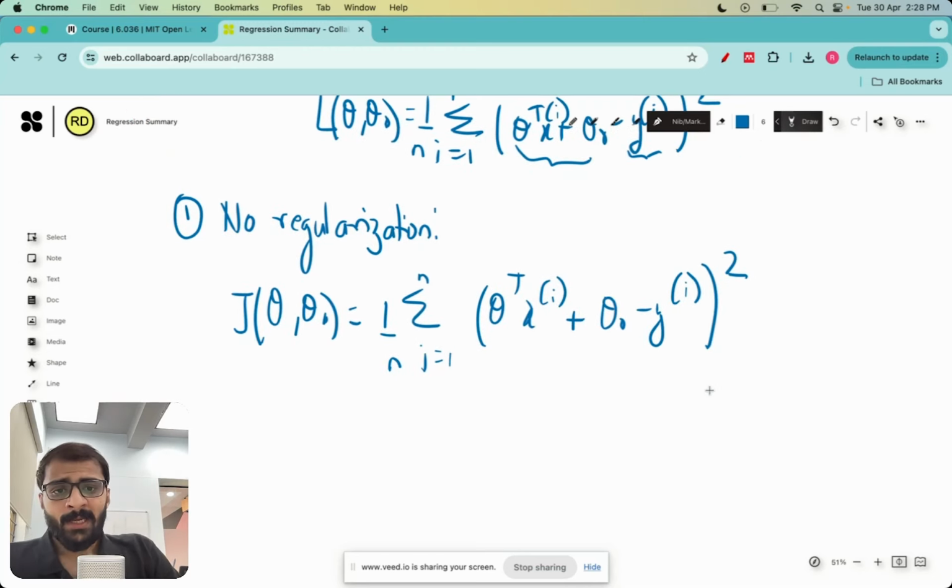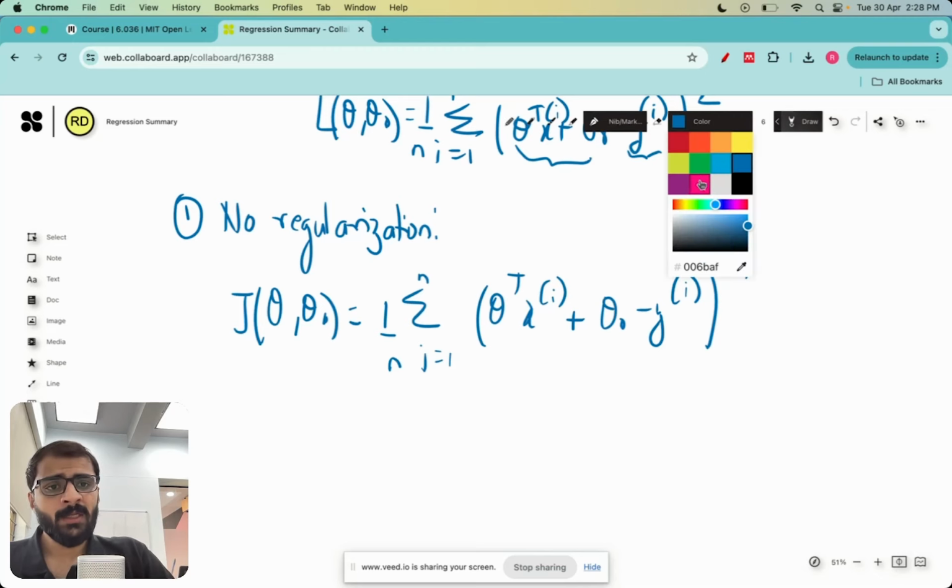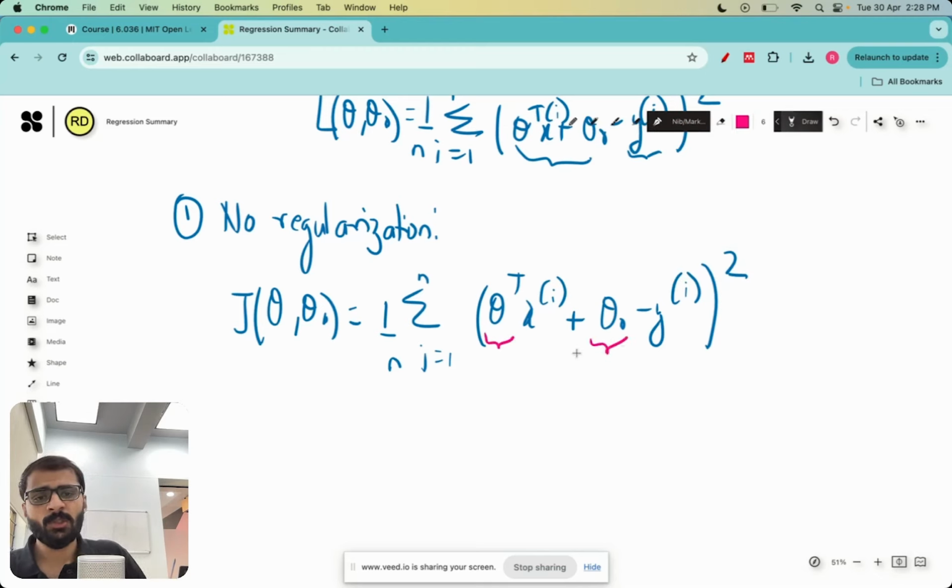The main idea here is that we want to find the theta and the theta naught, which are also called theta star and theta naught star. These are the optimal values which minimize J.